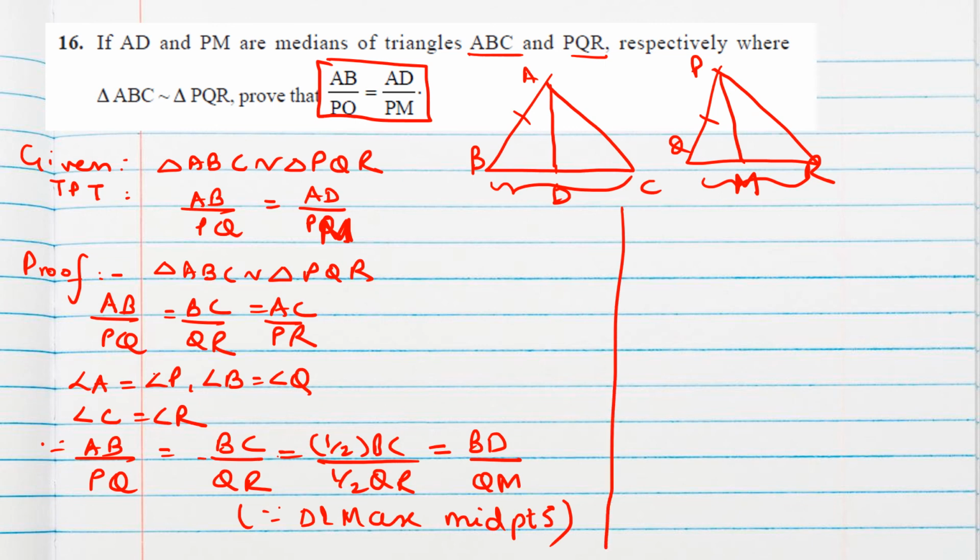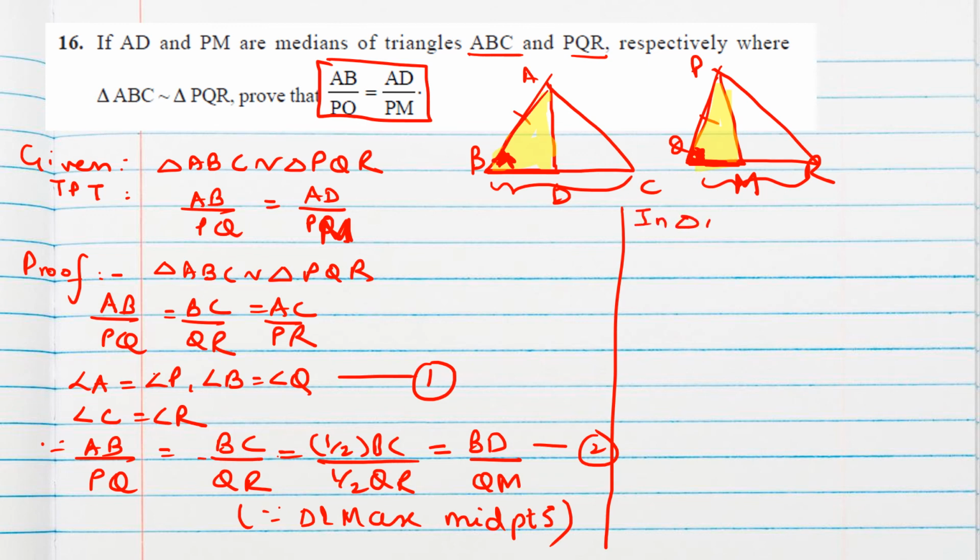Okay. Now what we will do, we'll prove the similarity of the smaller triangles. Which two triangles here? These two. Because already we have proved this statement, we can write this as 1 and this as 2, because from 1 we can write angle B and Q are equal, and from 2 we can write these two sides are in ratio, so both the triangles will be similar.